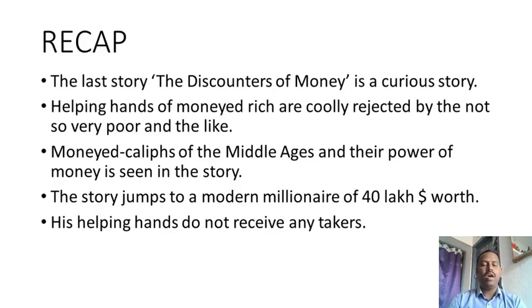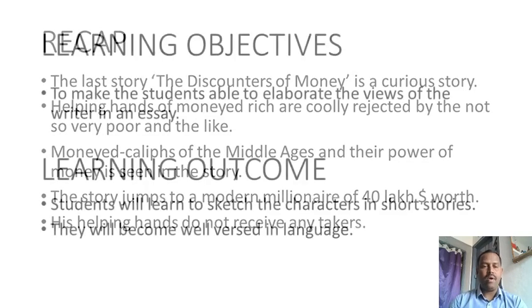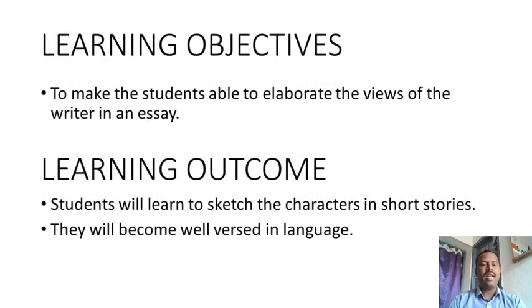His helping hands became useless. Now, for this present class, we have certain learning objectives and learning outcomes. The learning objective is to make the students able to elaborate the views of the writer in an essay.